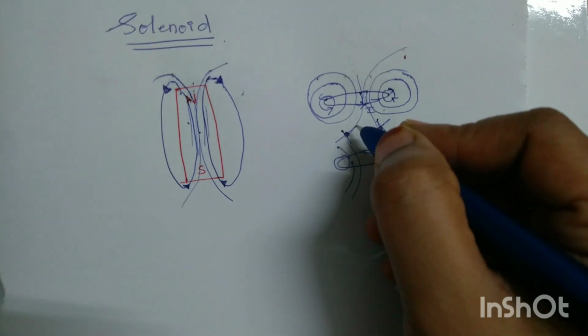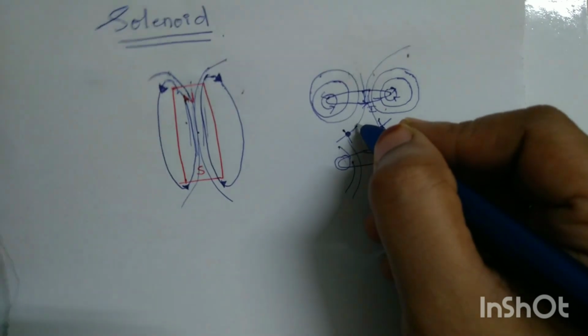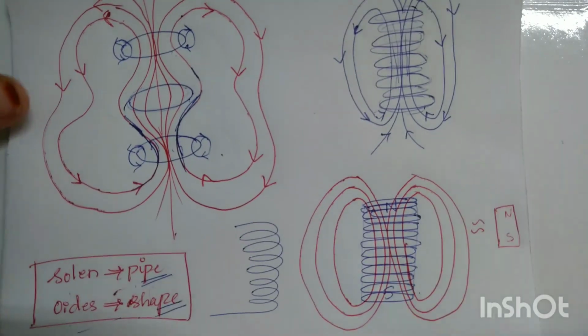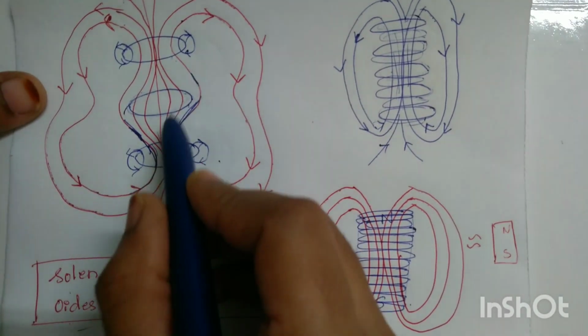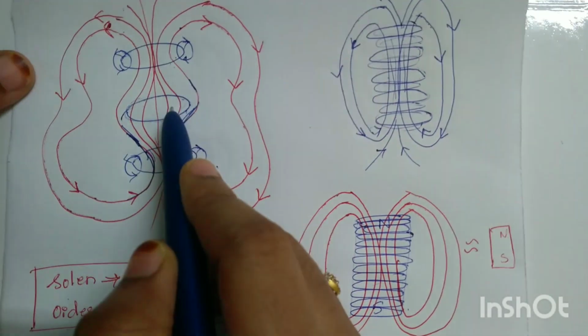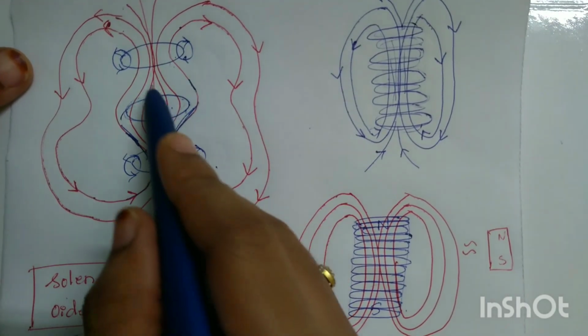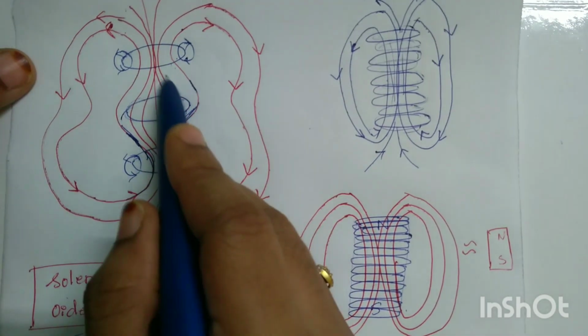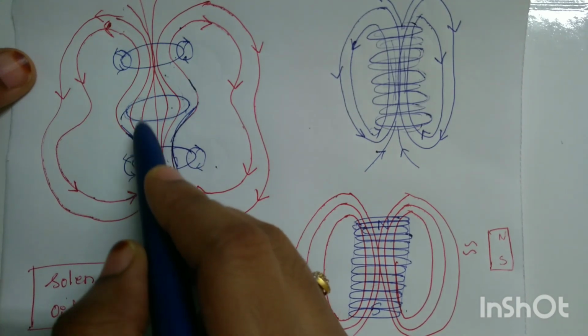So these magnetic field lines will rearrange in such a way that they form something like this. These are the magnetic field lines due to different circular loops, and they have rearranged so that these lines are becoming parallel.